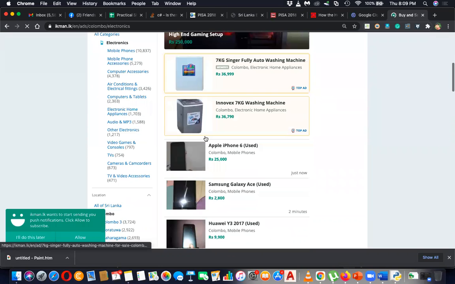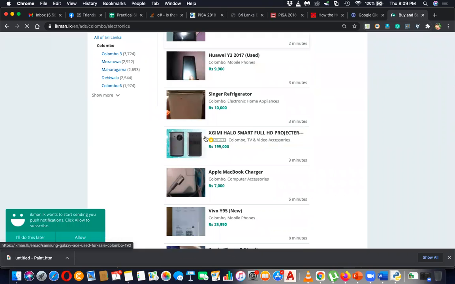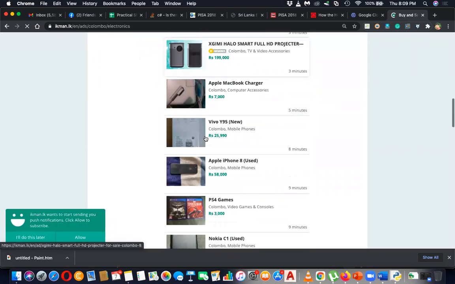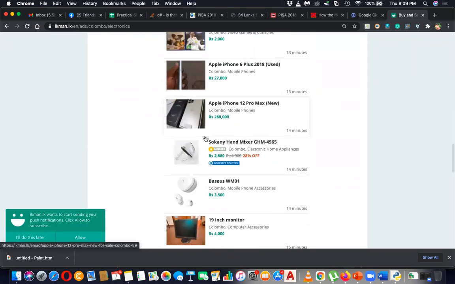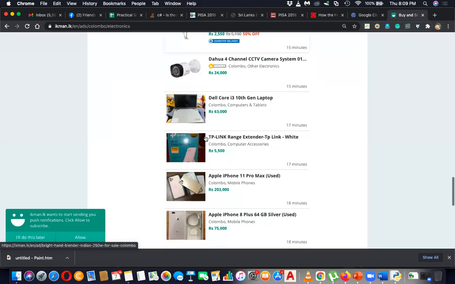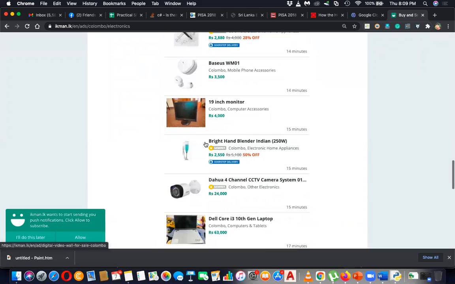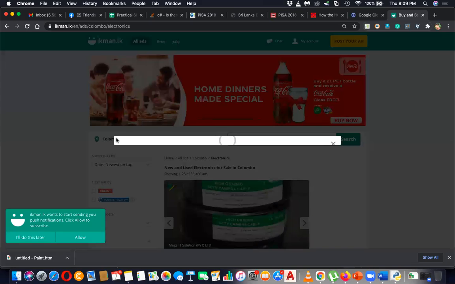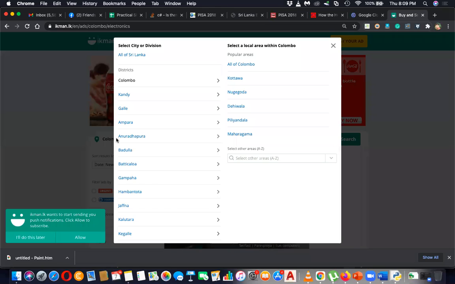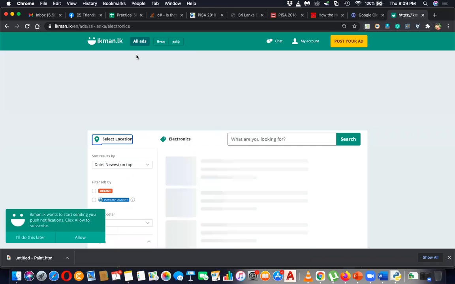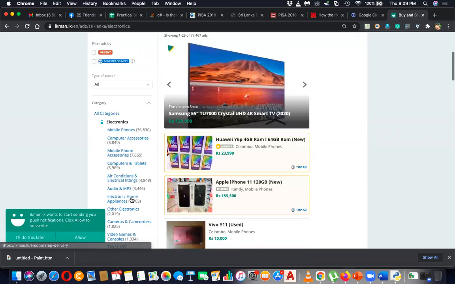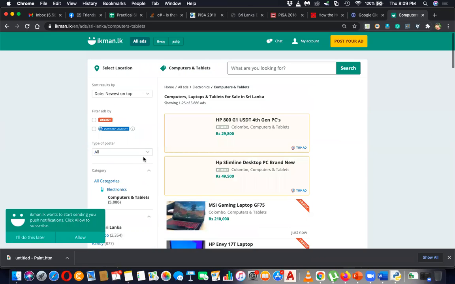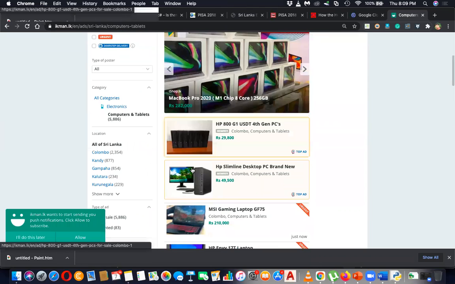No result. Let's check island wide, all island. Dual core. Then I'm going to say computers and tablets. Now I can get some results.